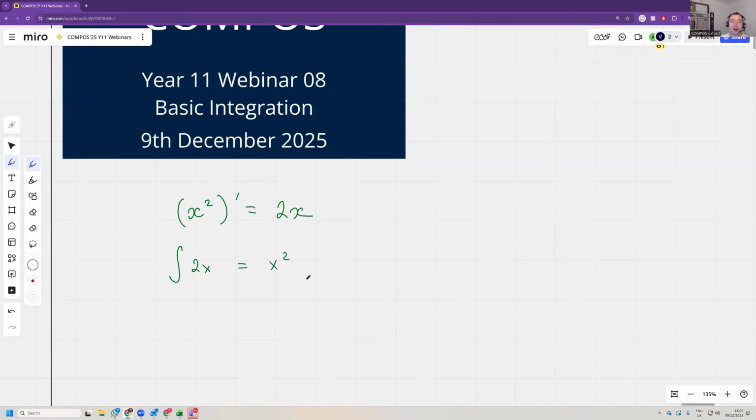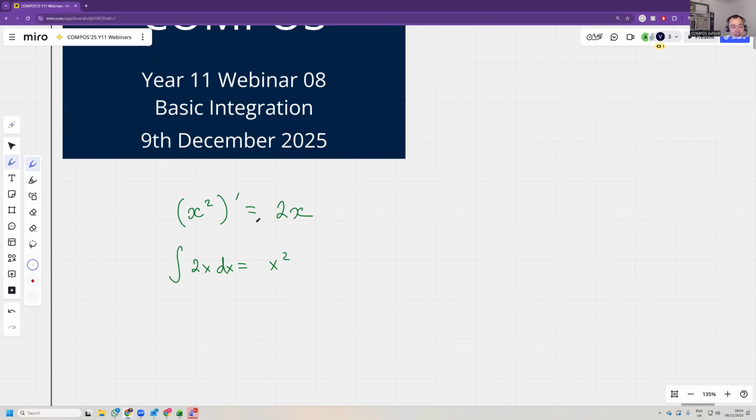Simple as that. Well, sort of. We write dx here. dx is just the variable. You indicate the variable you're integrating by. So for now, it is just a technical thing. You always write integral of 2x dx.